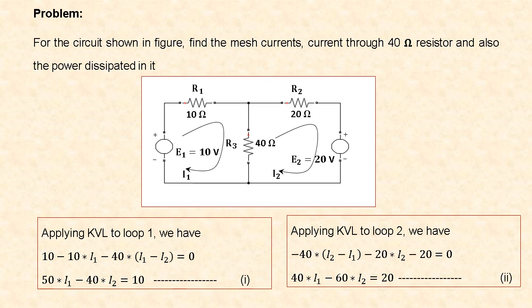But if you see the 10 volt, as we move in the direction of current, we move from minus to plus, hence it is given a positive value. The drops across the resistors are given negative value. Now simplifying, we have 40 I1 minus 60 I2 is equal to 20. Let us assume this as equation 2.